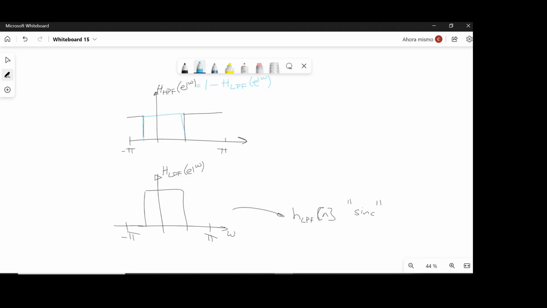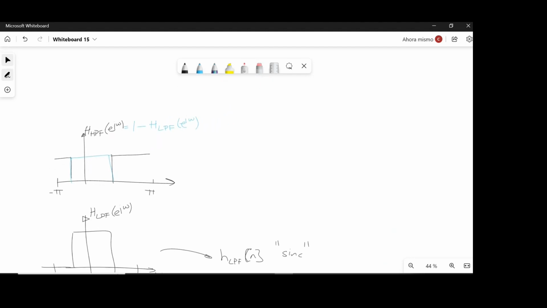So it would be 1 minus this piece. And now, what is the inverse Fourier transform? I will do the inverse Fourier transform of 1 minus the low-pass filter.